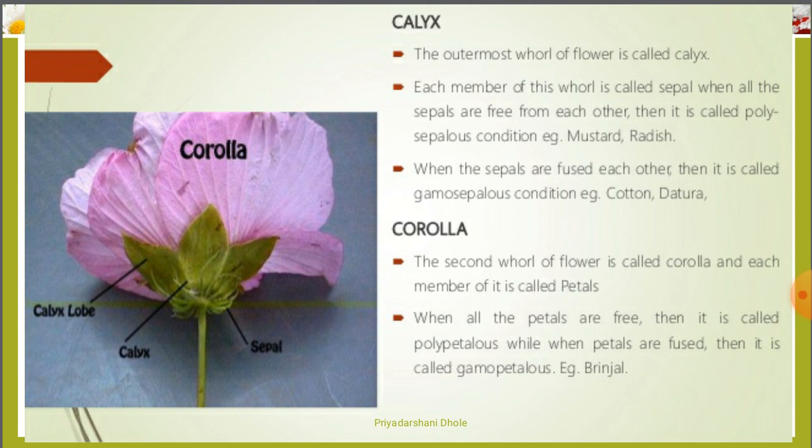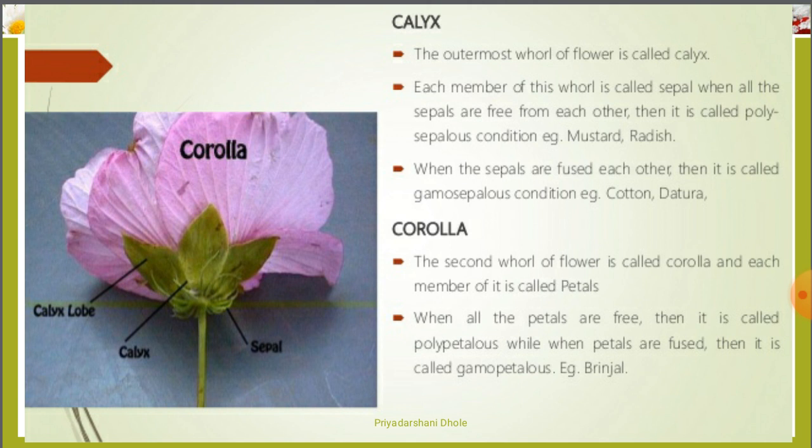Now first part is the calyx, which is the outermost whorl of the flower, and each member of this whorl is called a sepal. Another name of the calyx is sepals. When all the sepals are free from each other, then it is called polysepalous. Poly means free.